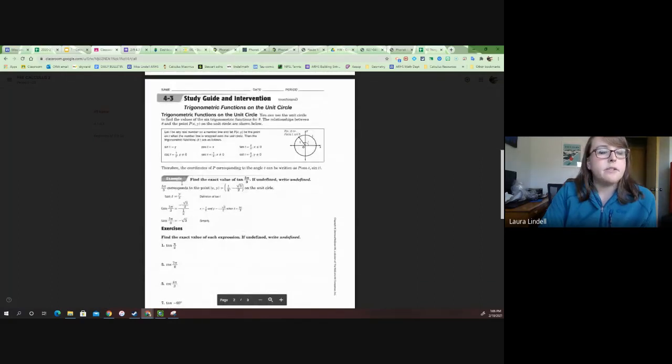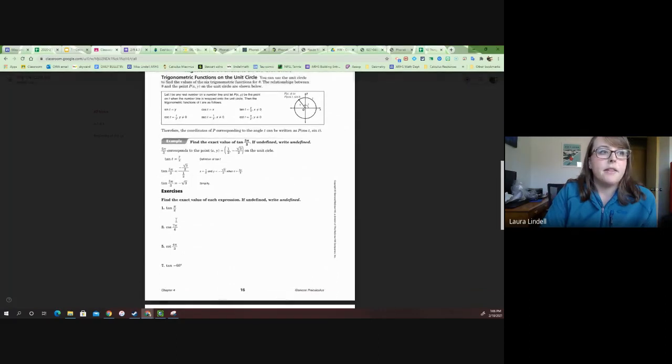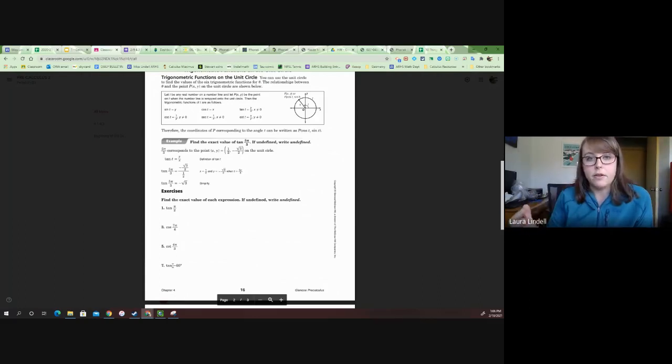The second page, the bulk of it is example. And then you've got 4 problems where you're finding the exact value of the expression using the unit circle. When you get an angle like -60 or something like that, you don't have -60 in your unit circle, but we do know about coterminal angles. So remember, you can find a coterminal angle by adding 360 to it. That does fall within your unit circle.